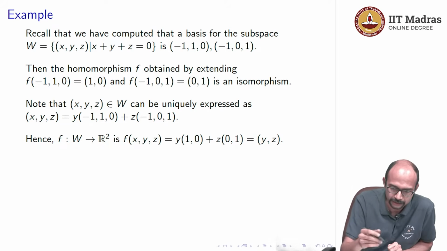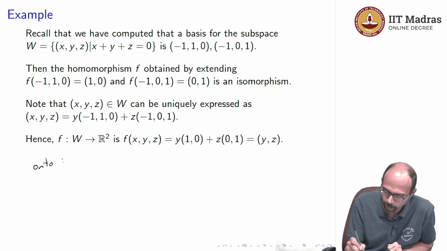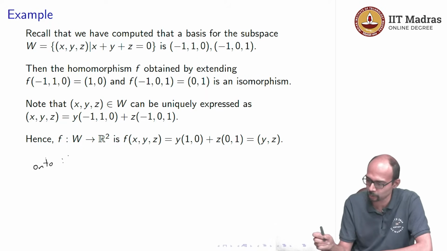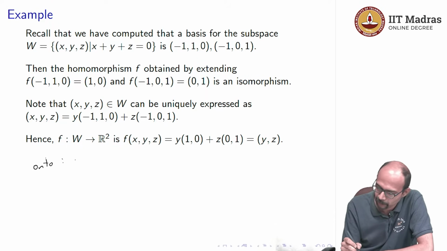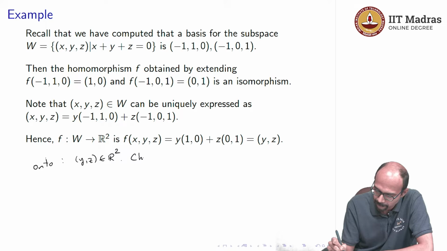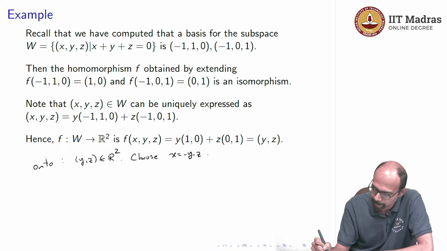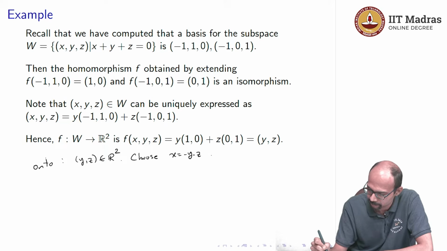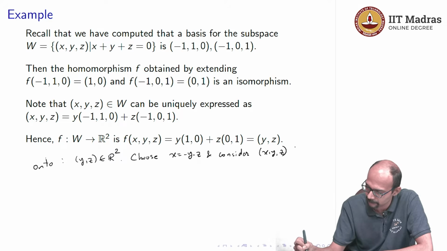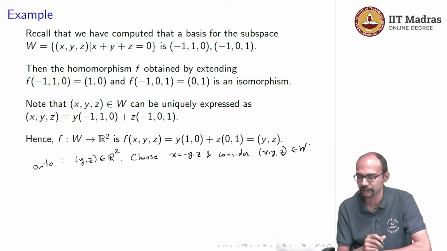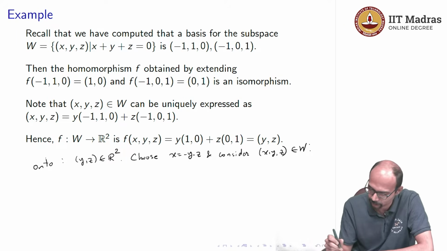I'll claim, because let's see, onto how. So projection map, it's always going to be onto. So if you want (y, z) in R2, so choose x is minus y minus z and consider (x, y, z) in W. It does lie in W because x plus y plus z is 0.